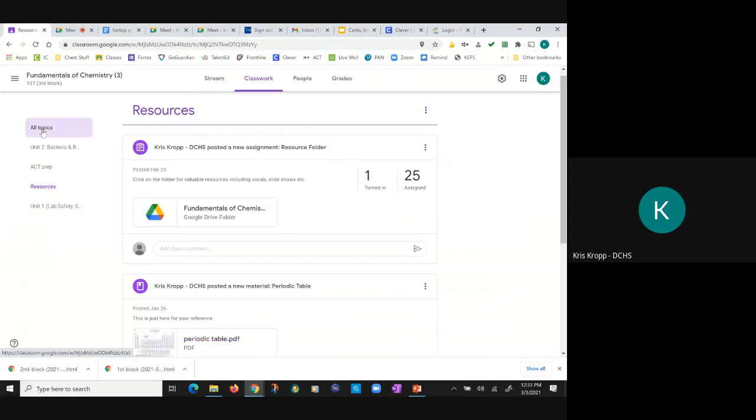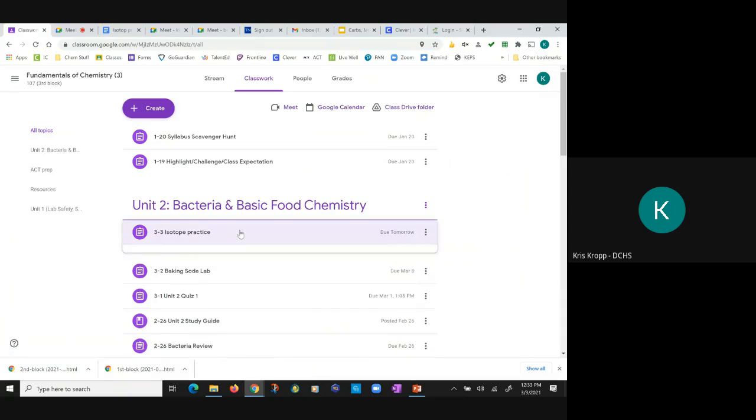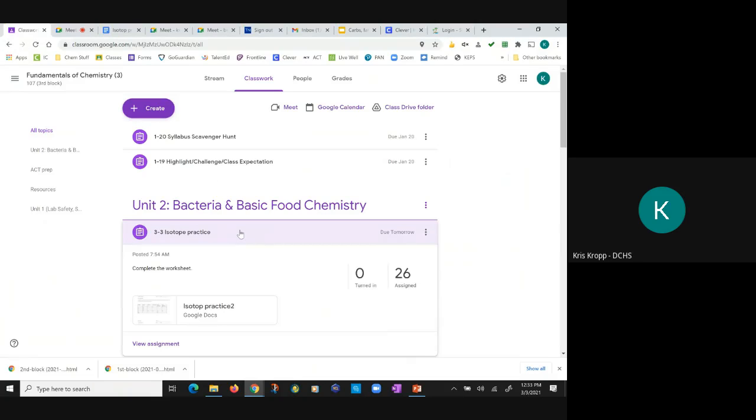All right. Last thing we're going to do here today real quick together is come over here to today's date under our classwork page. You should be able to pull up this worksheet called Isotope Practice. Go ahead and pull that up.